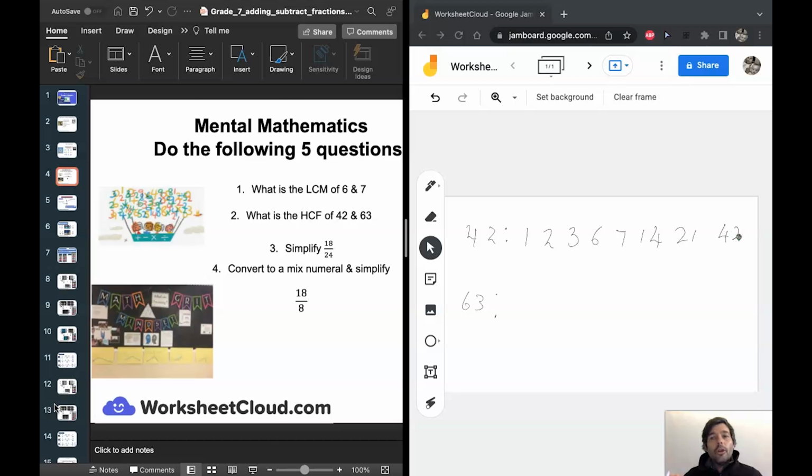So here you need to know your divisibility rules. What are divisibility rules? How do I know if a number can be divided by another number? So I know that 42 can be divided by 1. I know it can be divided by 2 because it's even.